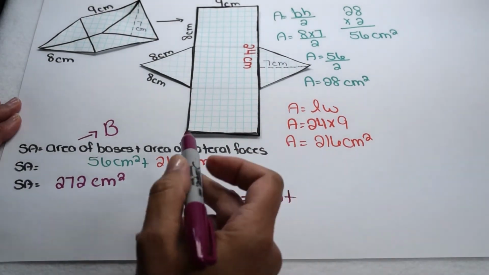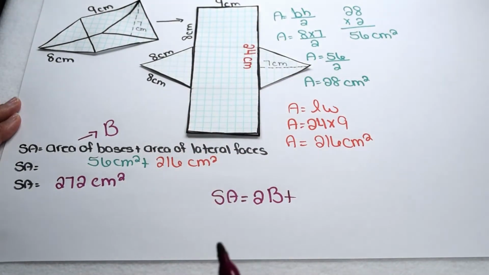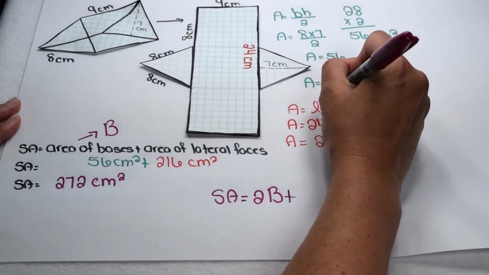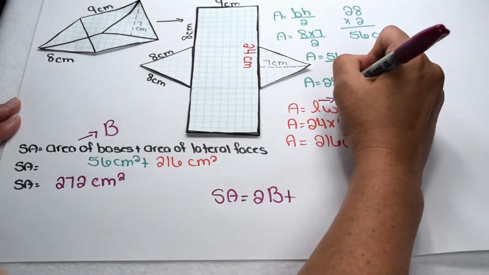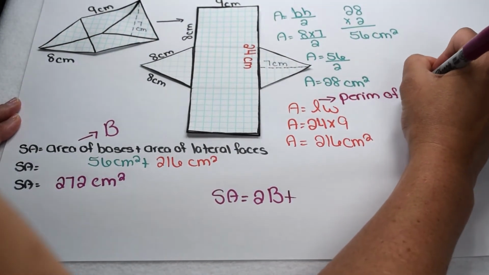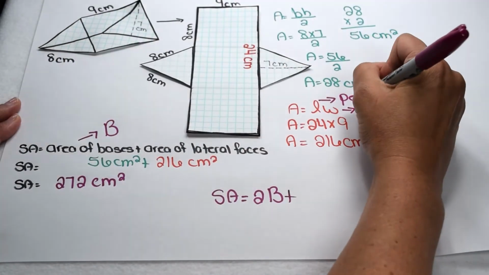Then we had to find the area of our lateral faces. Well, our lateral faces were rectangles, and we saw we can put them together to make one large rectangle. The length of our rectangle came from the perimeter of the base. And then our width came from the height of our prism.